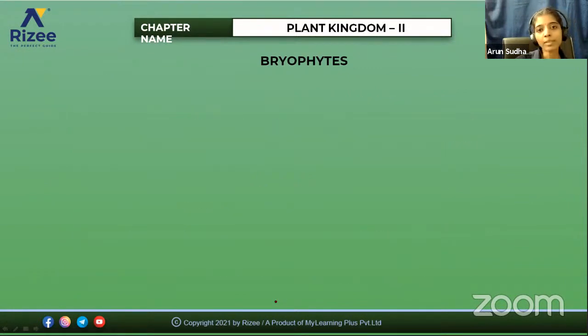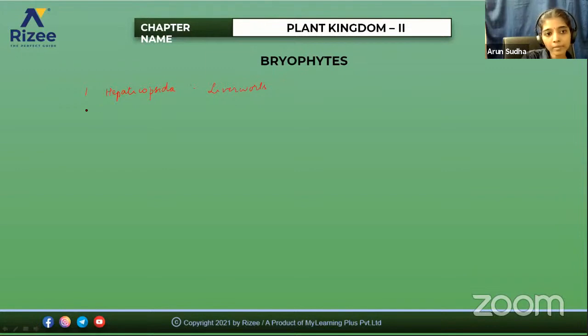Next, we'll see about the different classes that come under bryophytes. The first one is Hepaticopsida, which includes liverworts.